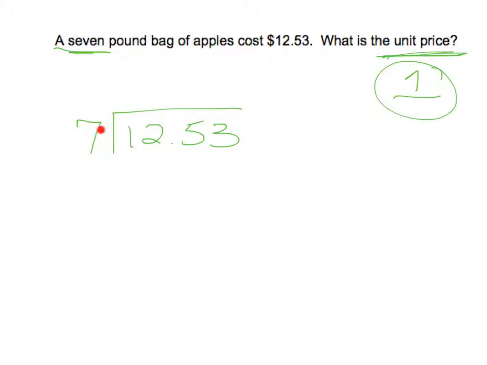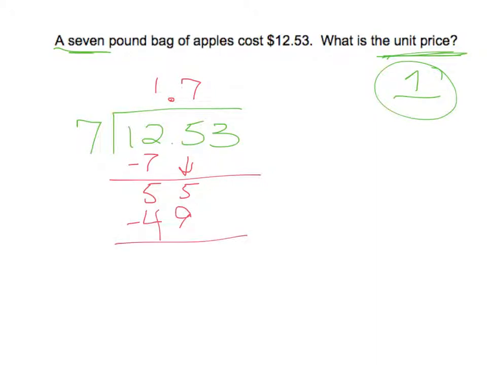7 doesn't go into 1, but it goes into 12 once. Multiply, subtract, bring down your 5. 7 goes into 55 7 times. 7 times 7 is 49. Subtract. We will have to borrow. 15 minus 9 is 6.